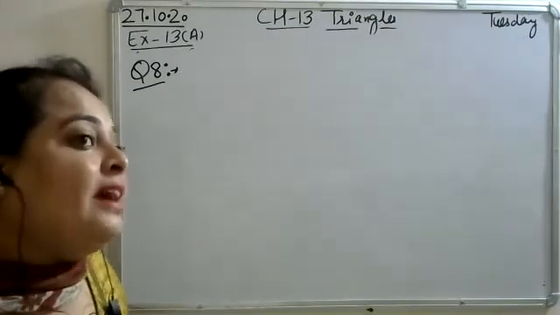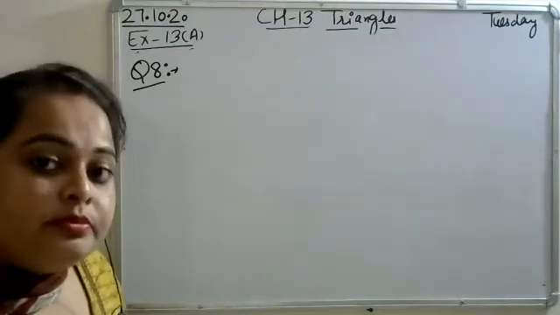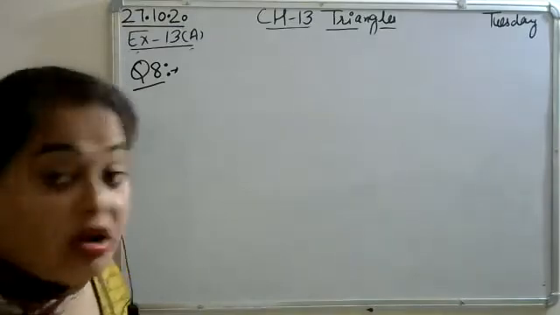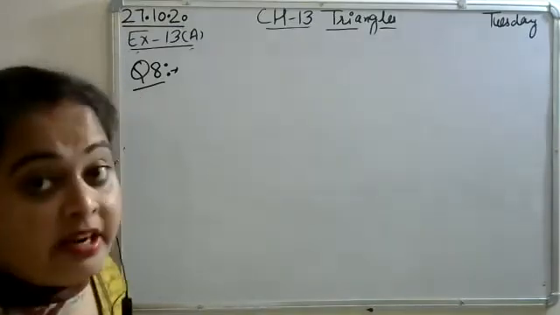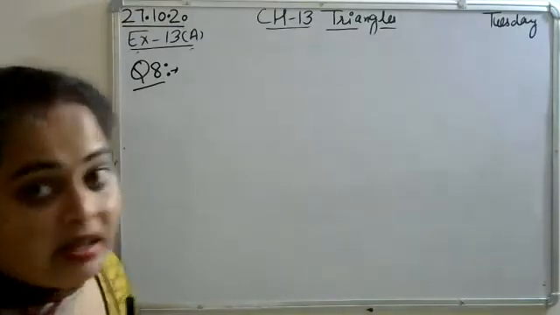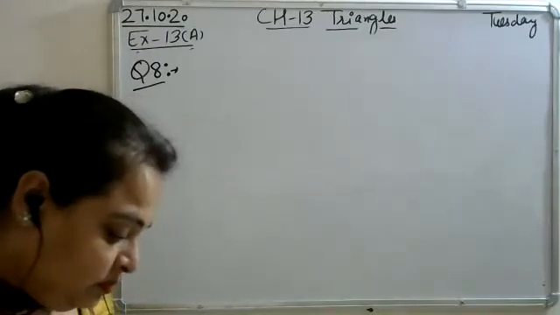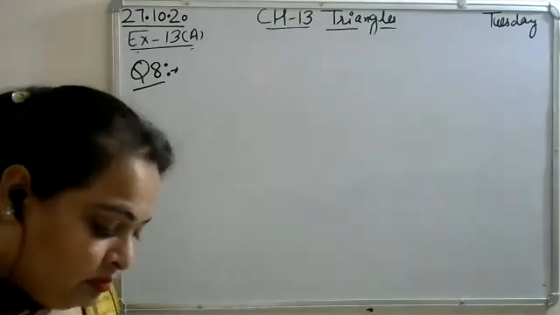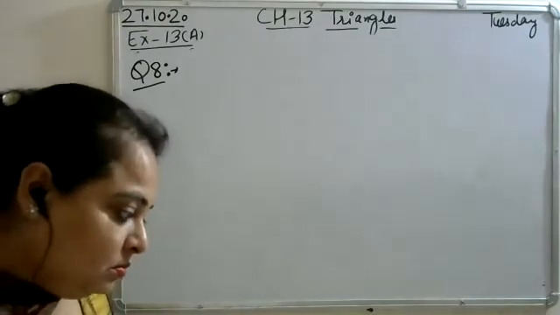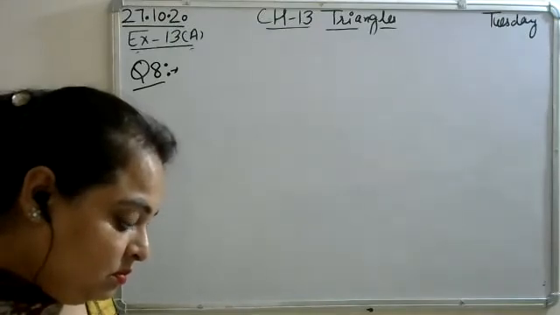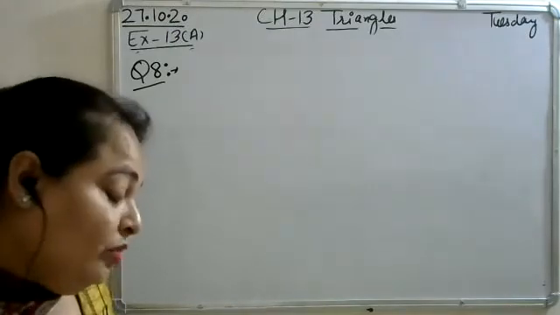Why we will apply angle sum property here? Tell me the reason. Because maths is based on reason and explanation. Why the angle sum property is applicable here? Love Noor, you will know or not?